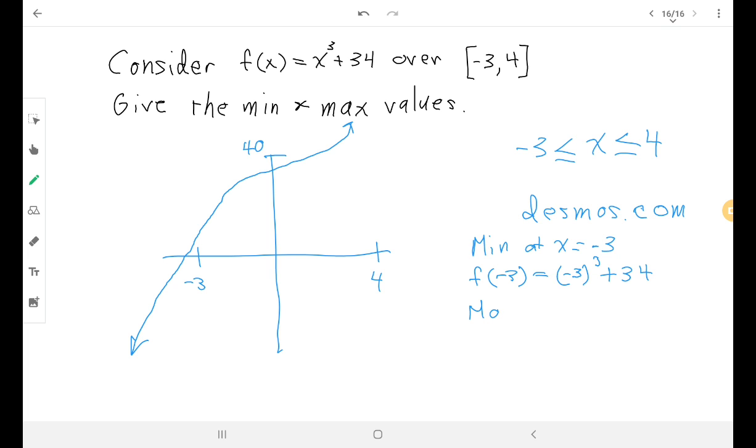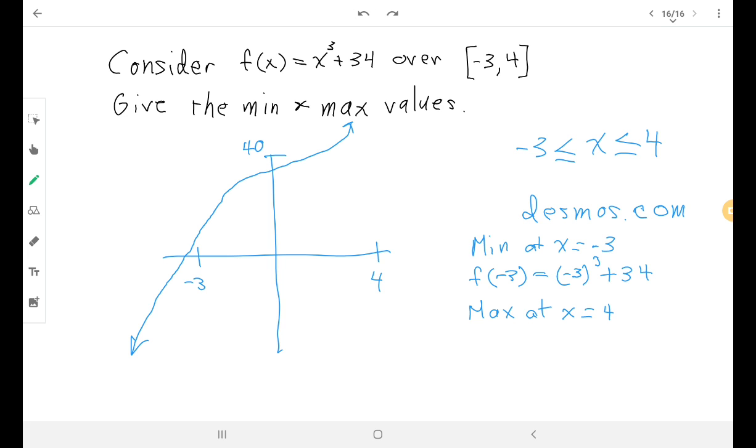And then the max value will be at x equals 4, because those are our constraints, right? That's why our min and max values are going to be at those points, because those are our constraints, as it says right there.